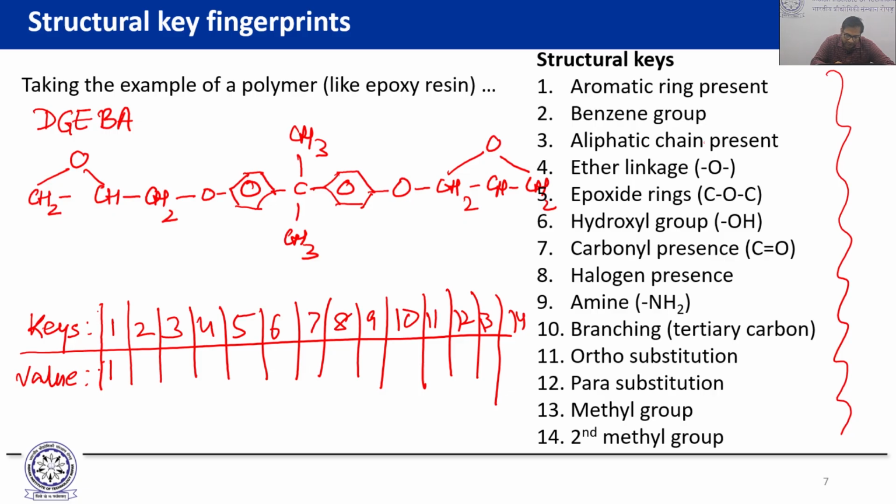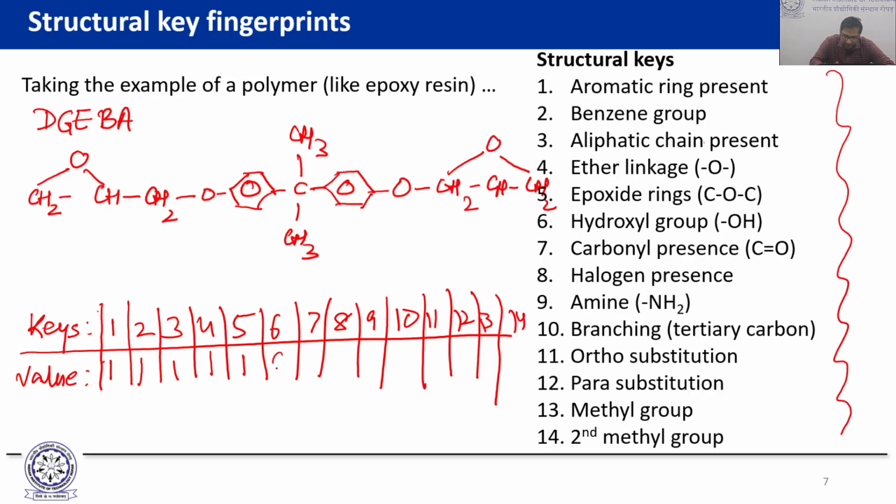The second key talks about whether a benzene ring is present or not, and yes, a benzene ring is present over here. Now how about the third key? It is talking about whether we have got an aliphatic chain, and yes, the aliphatic chain is present. The fourth talks about whether we have got ether type of linkages. The fifth one is about epoxy type of linkages. All of them are present.